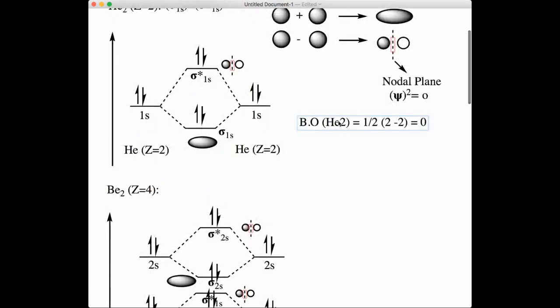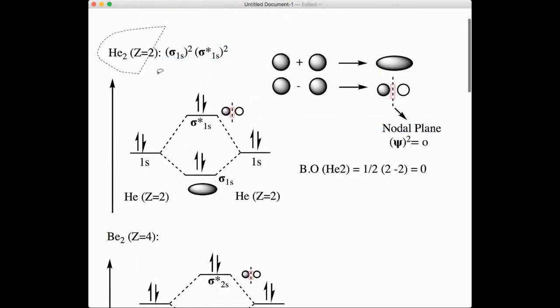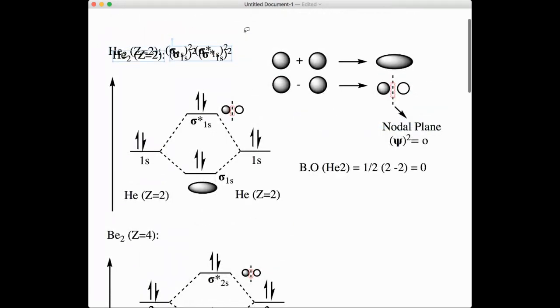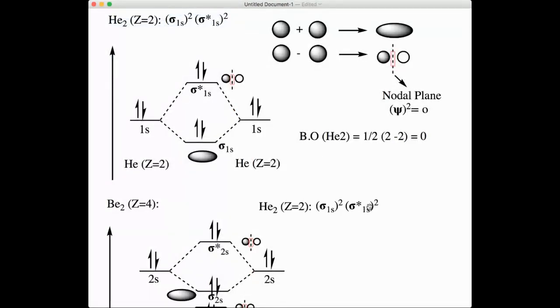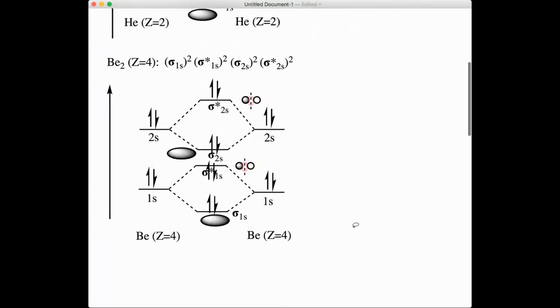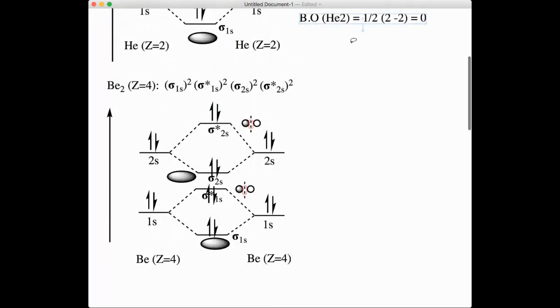So my molecule of Be2 will have an electronic configuration of sigma 1s2, sigma star 1s2, sigma 2s2, sigma star 2s2.